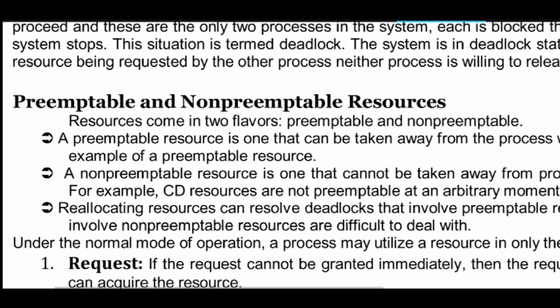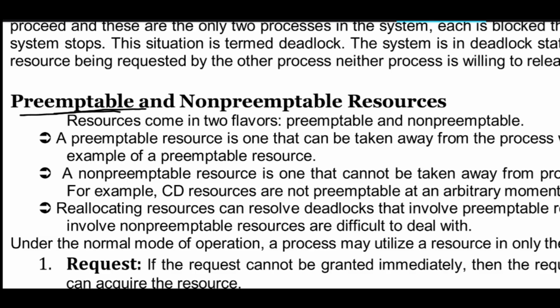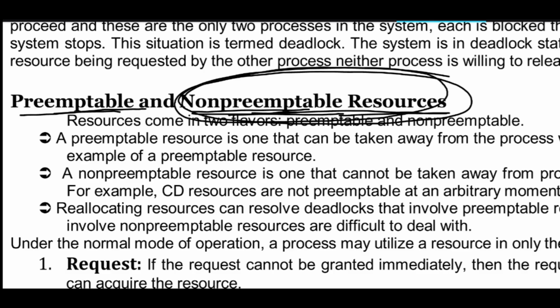There are actually two types of resources. One is preemptible resources and another one is non-preemptible resources. First we will discuss non-preemptible resources. What do you mean by non-preemptible? In simple terms, if a process has a resource and the process frees the resource after it executes, willingly, if the process willingly releases its resource, then this resource is called a non-preemptible resource.